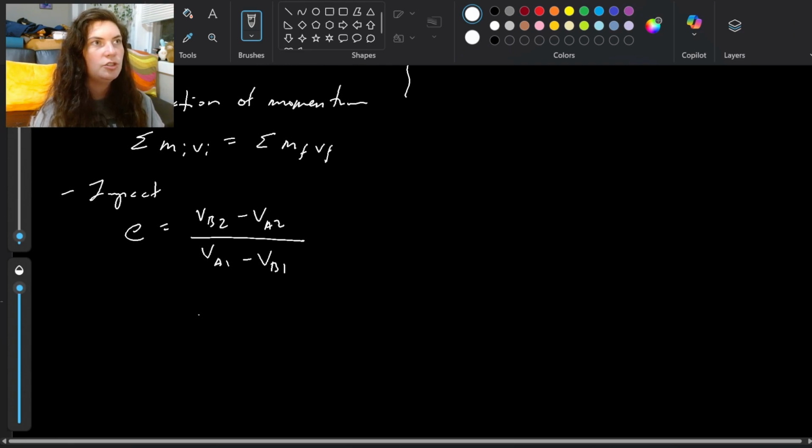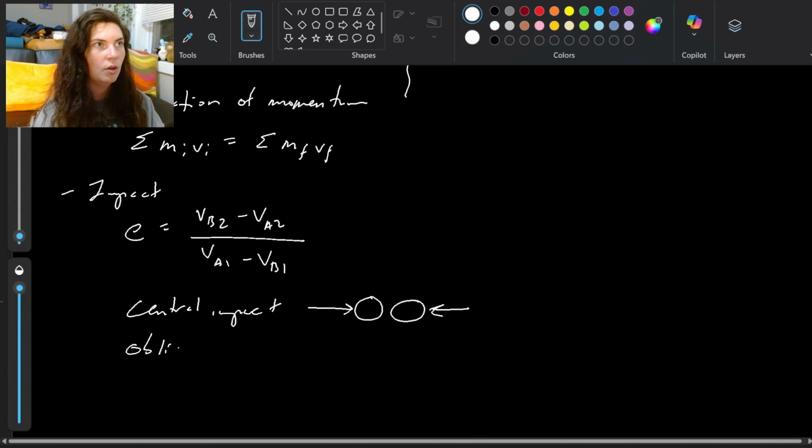We saw generally two kinds of impact problems. We either had central impact, where two objects were on the same line of action and impacting each other directly, or we had oblique impact, where one might be coming in at a different angle than the other.